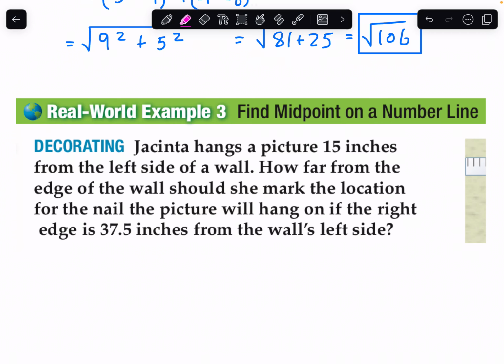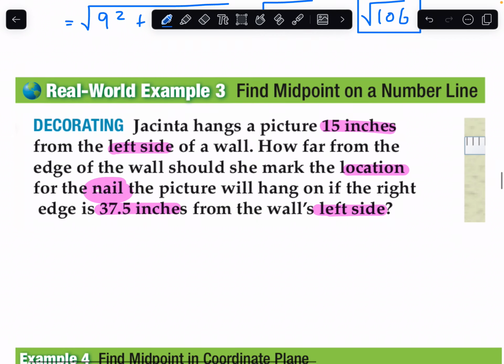So notice this is 15 inches from the left, 37.5 from the left. We want the location of the nail. The nail for hanging a picture, a single nail, would naturally be the midpoint of the picture. So real quick diagram here.